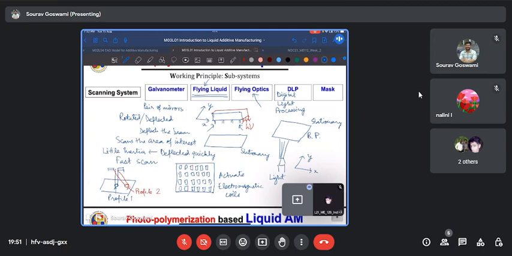A mask-based scanning system, as we discussed, utilizes a negative of the region to be exposed and a floodlight-based illumination source, and can give you very fast scans.